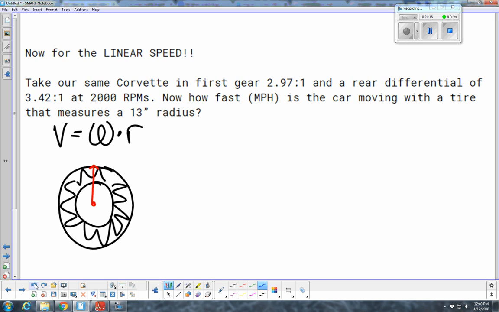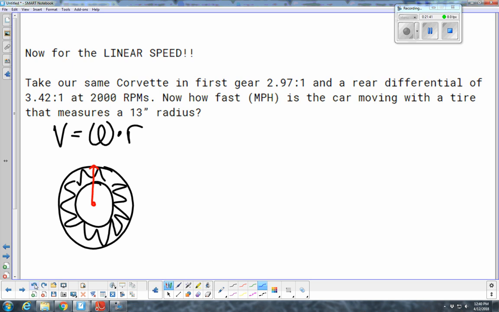Probably like 15? Like 7? All very good estimations. Let's find out which one's right.